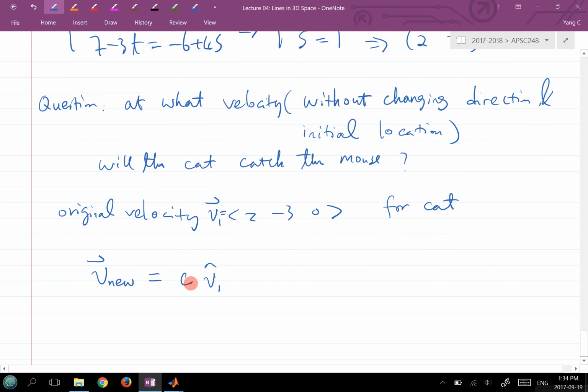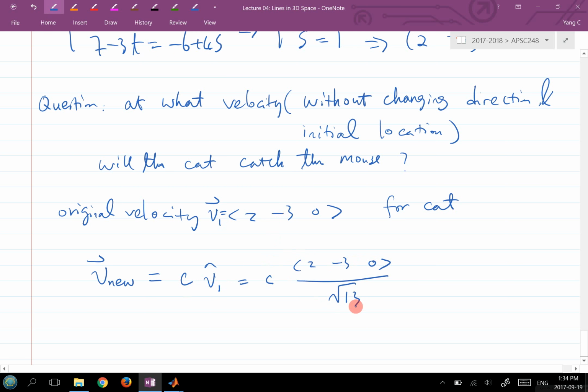So let's define this as the new velocity for the cat. I don't know what c is; I just want a new speed, which could be faster or slower. So we can normalize this v1, and that's quite easy: 2, -3, 0 divided by its length, which is √13. That'll be the new velocity for the cat.